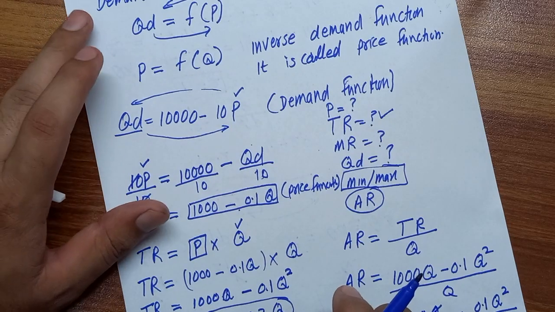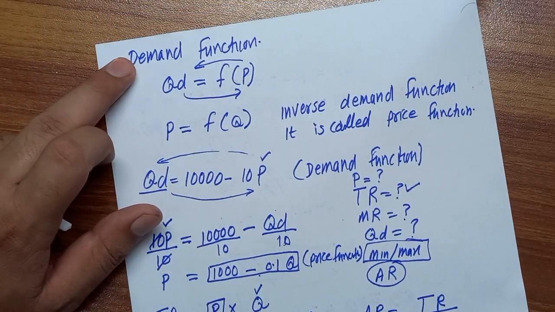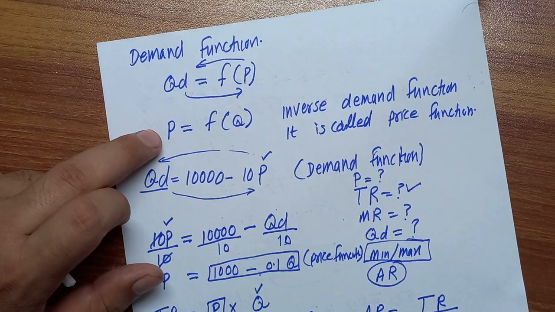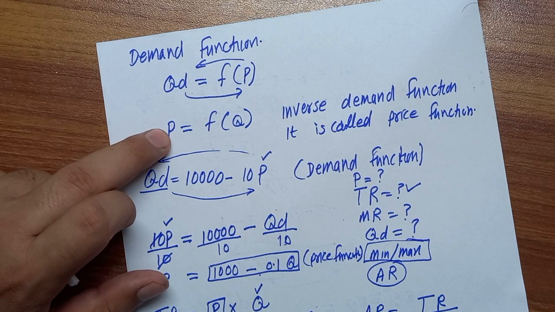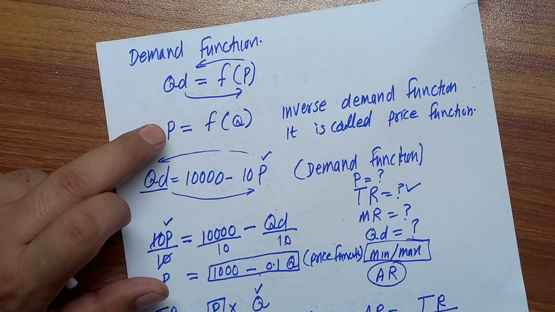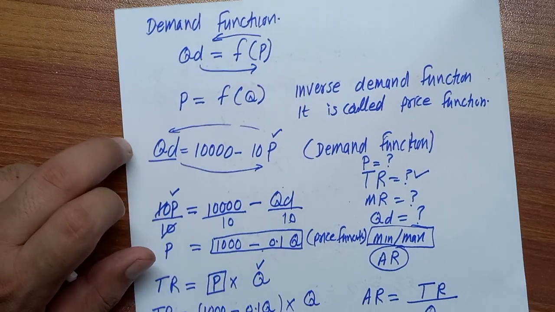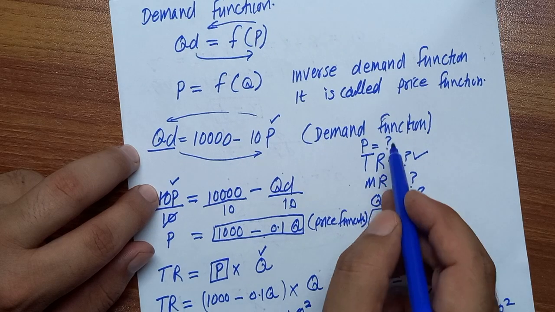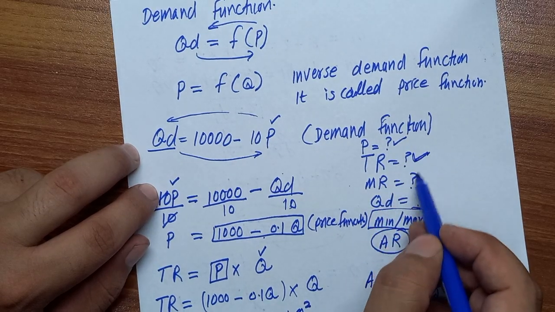So this is demand function, and when we take the opposite of the demand function, we will call it inverse demand function, and it's also called price function. So from these equations we can find these terms.